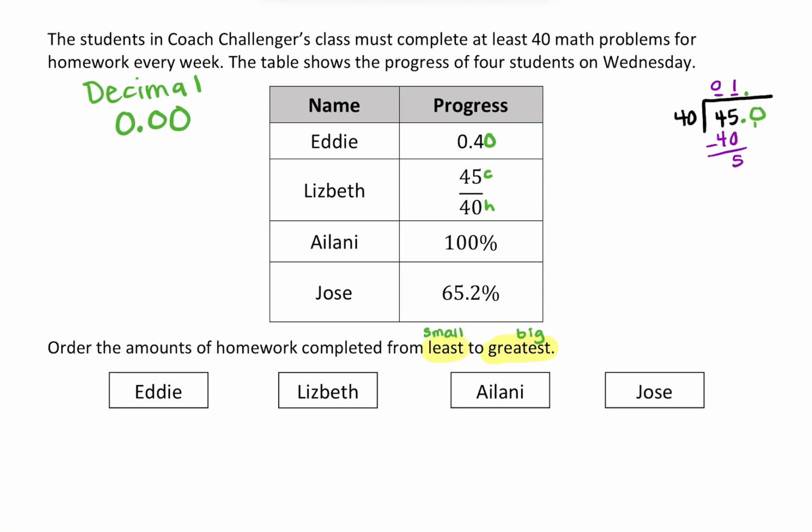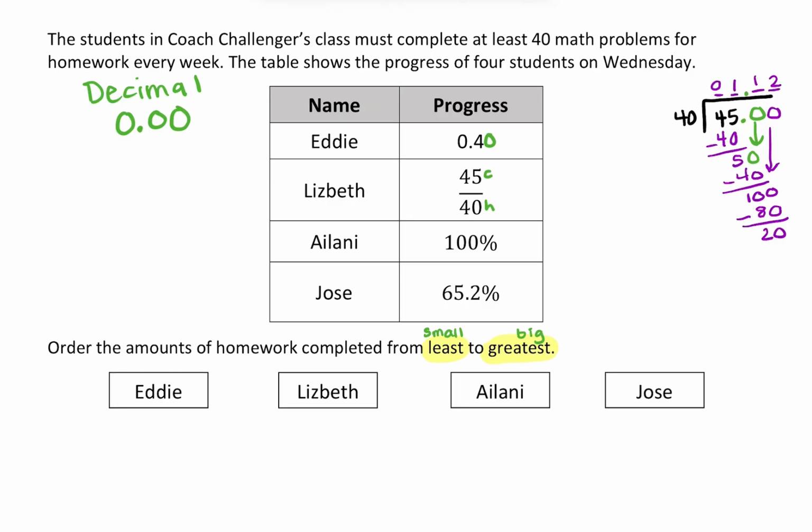Decimal, donut. Okay, 40 goes into 50 one time again, gives me 40. 10. Now I can just add another donut because I already have my decimal. 40 goes into 100 2 times, gives me 80.